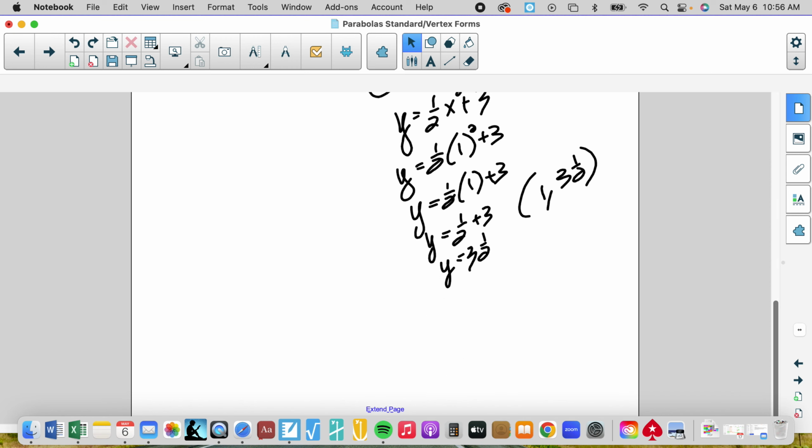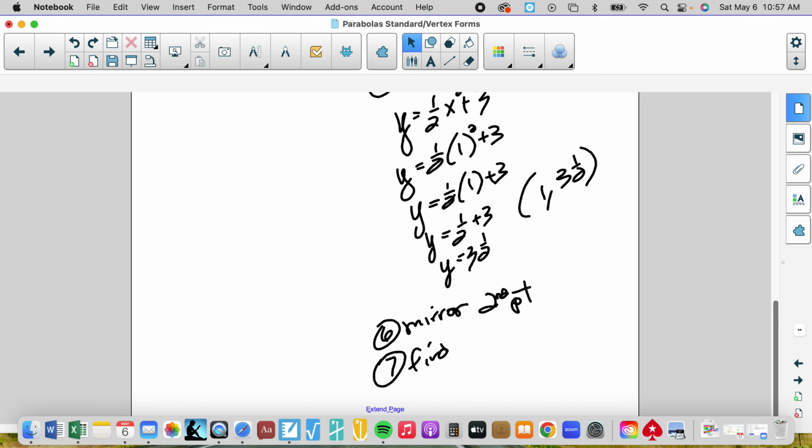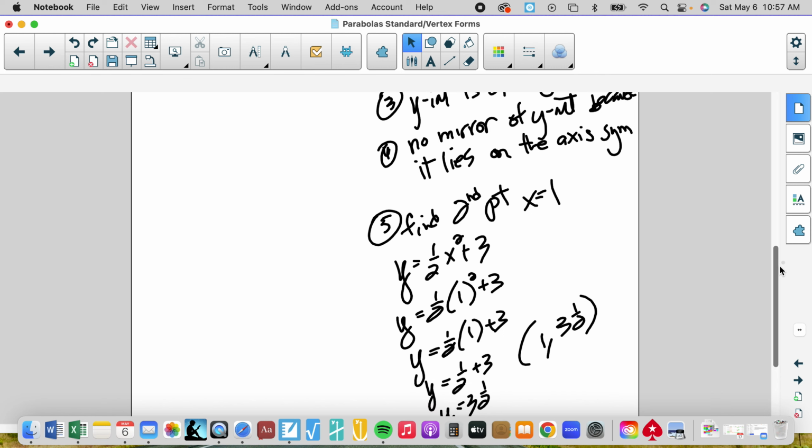Well, look at our A. Our A is 1/2. So step 6 is the mirror, the 2nd point. And we're going to have to go to step 7, which is find a 4th point. So this time, let's think about not getting a fraction. We're going to square my x, and then I have to multiply it by 1/2.